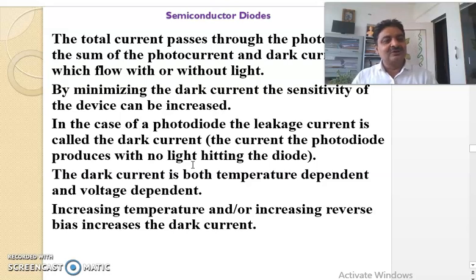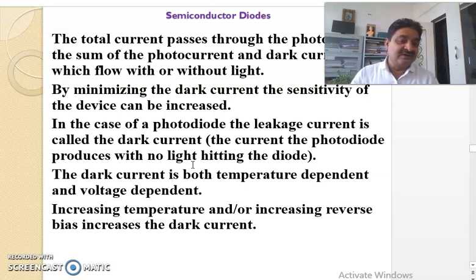So one has to minimize the dark current in order to increase the sensitivity of the device. In short, sensitivity of the device is increased by minimizing the dark current.